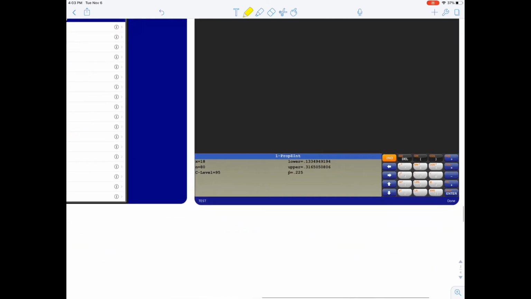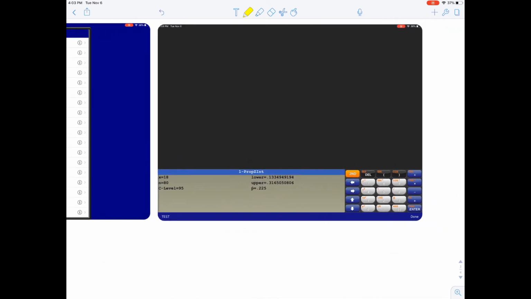Then it jumps to this screen and you enter in your information. So see what I meant about the number of successes? You need to enter in that amount, and then you get your intervals. So to the nearest thousandth, we get 0.133 and 0.317.